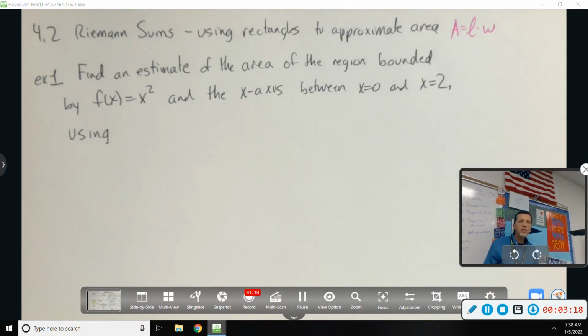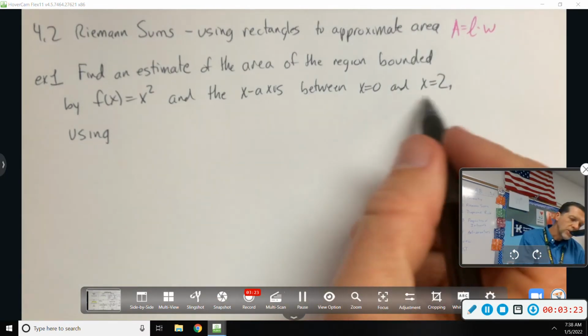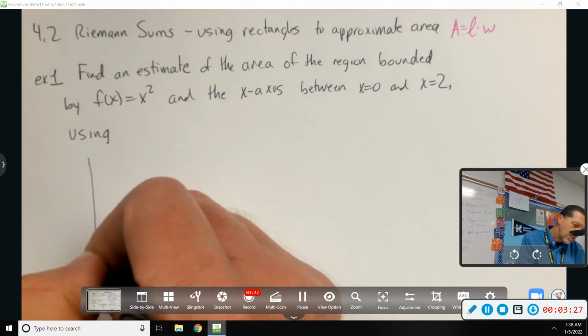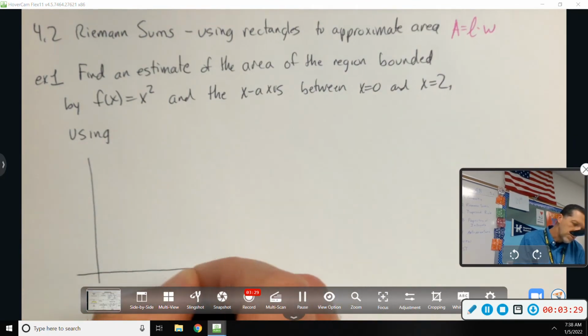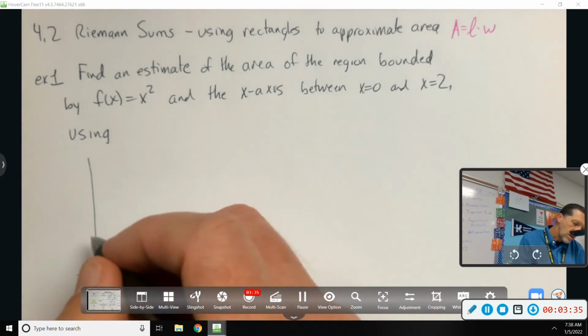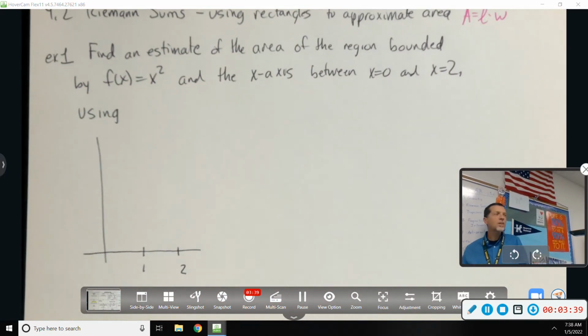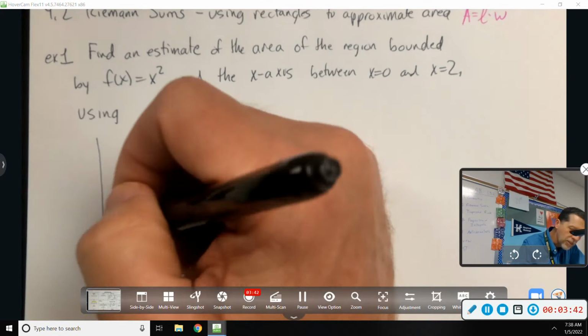So we want to estimate the area bounded by f of x equals x squared between x equals 0 and x equals 2. Let's sketch that area. I know what a parabola looks like. I'm only going from 0 to 2. Eventually we're going to squeeze 4 rectangles in here, so don't make this picture too small or else your rectangles get really small.